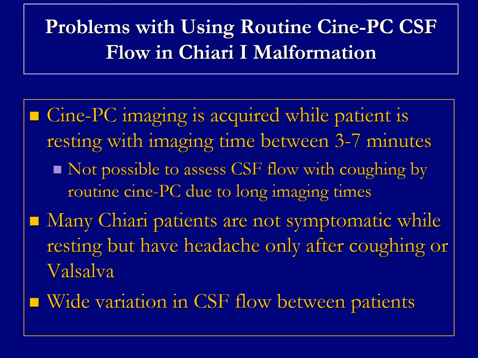And there is also another problem, and that is wide variation in CSF flow between the patients. Because we don't have a very large number of studies, we cannot compare and say that X amount of CSF flow below the foramen magnum is typical and would produce headache. It is not possible to do that because of the wide variations between the patients in the flow.